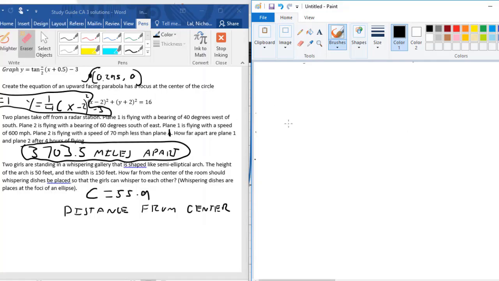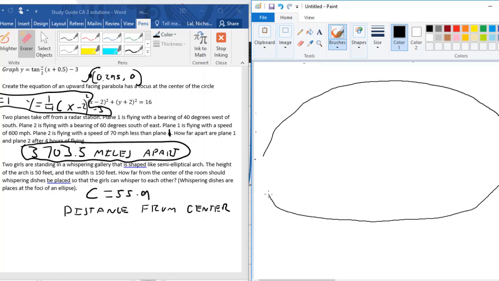So for 23, we have our distance from the center to the top. That's the height. That's equal to 50.